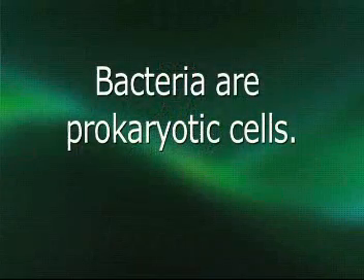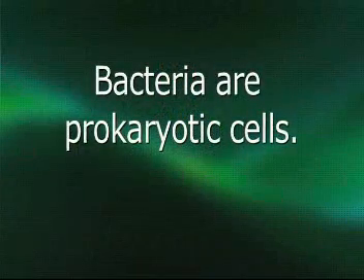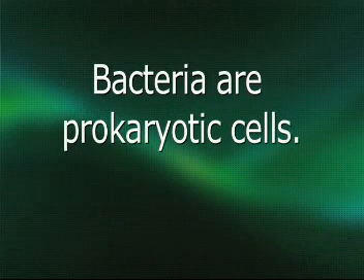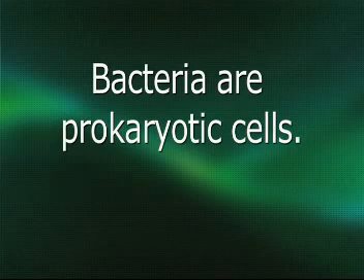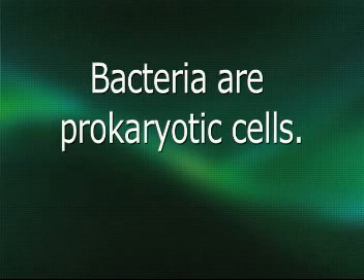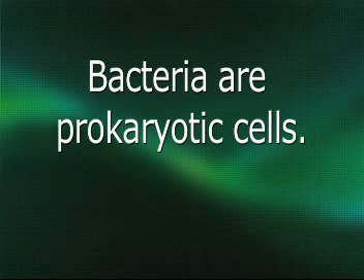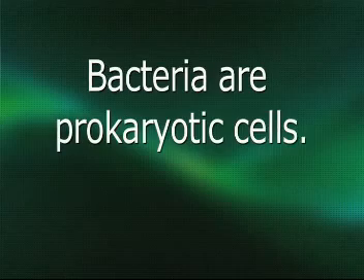Is your answer similar to this? If so, good work. Bacteria are prokaryotic cells. The bacteria chromosome, or DNA, is actually separated from the rest of the cell and forms an unbroken loop within the cytoplasm.